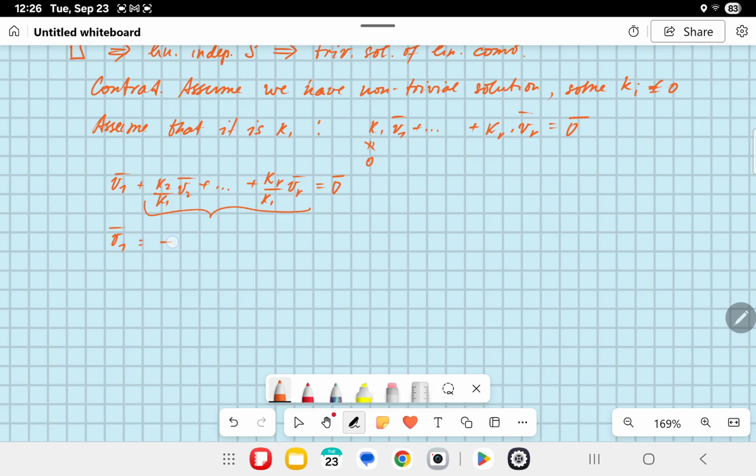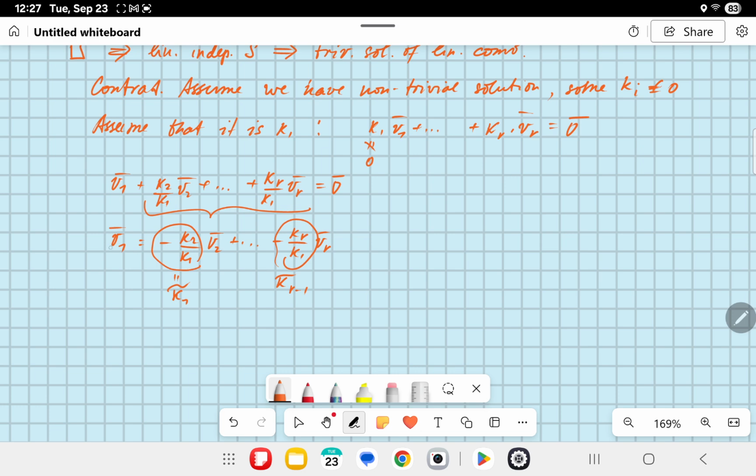So v1 equals minus k2 over k1 v2 and so on, minus kr over k1 vr. Actually I put plus here, but they're all going to be minuses. What we see, guys, is that these numbers, though they look complicated, are just a real number over a real number with a minus. I'm going to call it k2 tilde, and this one is going to be kr tilde. They're just numbers.